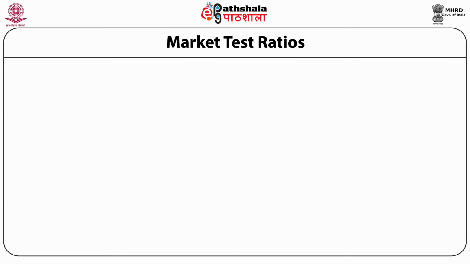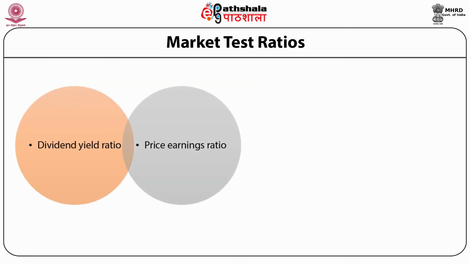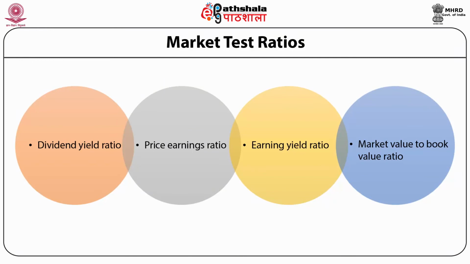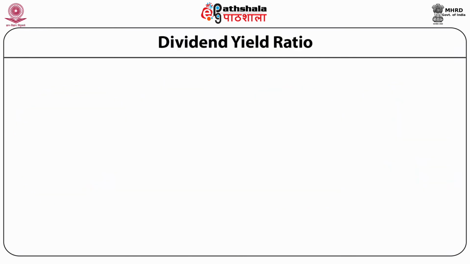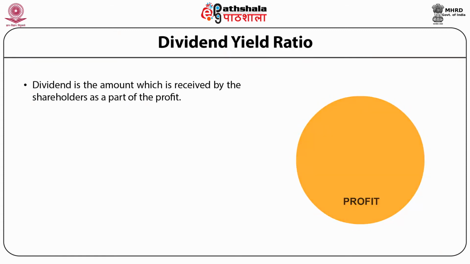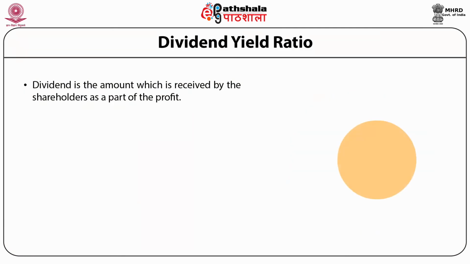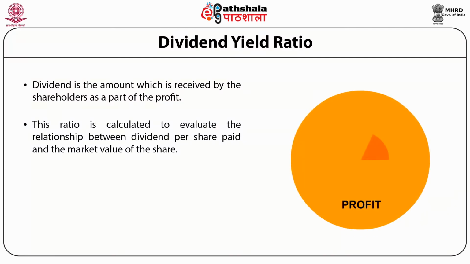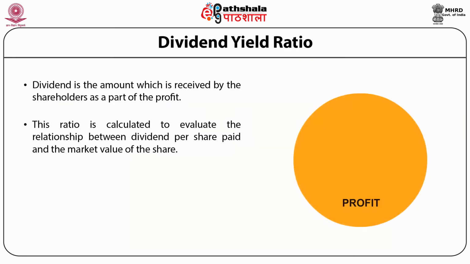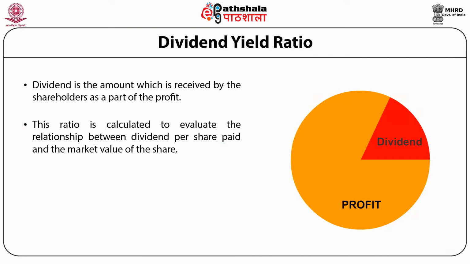Market test ratio. Market test ratios are of four types: dividend yield ratio, price earning ratio, earning yield ratio, and market value to book value ratio. First, we'll study about dividend yield ratio. Dividend is the amount which is received by the shareholders as a part of profit. This ratio is calculated to evaluate the relationship between dividend per share paid and the market value of the share.